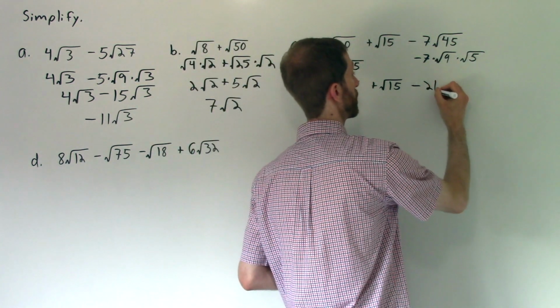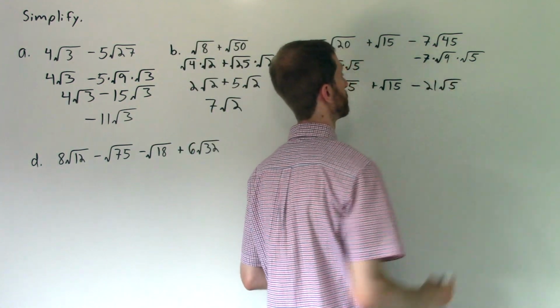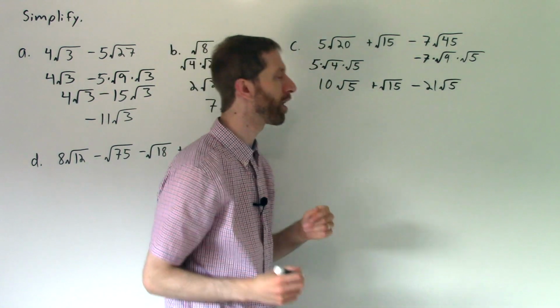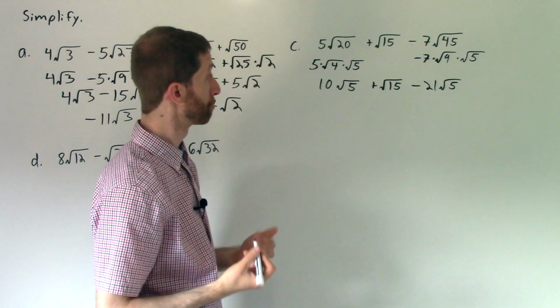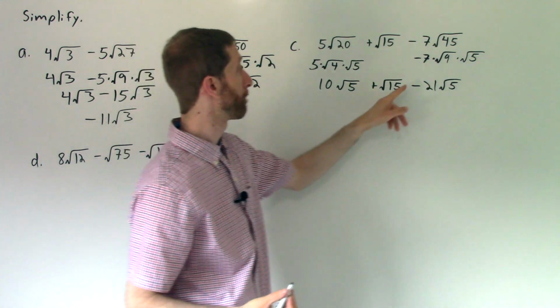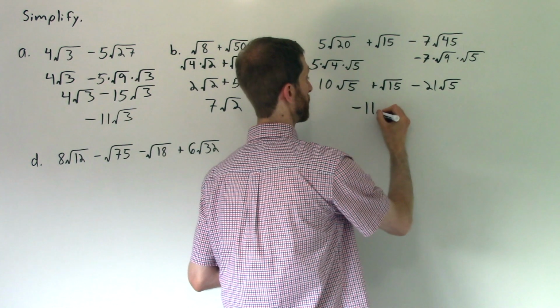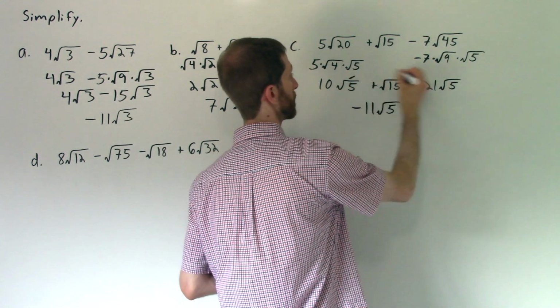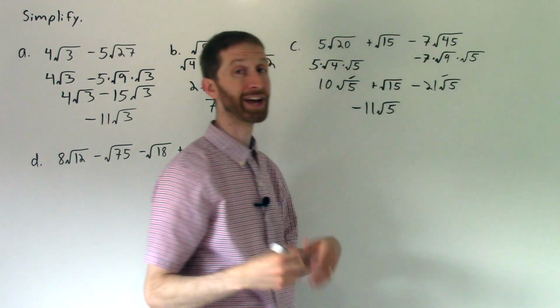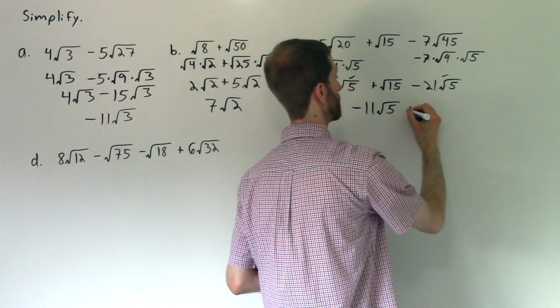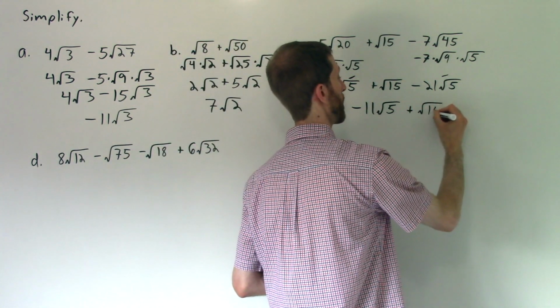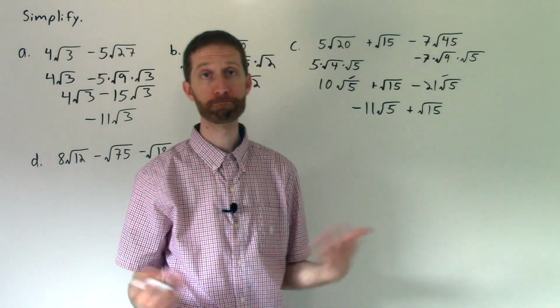So you get negative 21 times the square root of 5. So from here I look at this and I see, are there any like radicals we can combine? Yeah, 10 root 5 minus 21 root 5 is going to be minus 11 times the square root of 5. So those are checked off, but that leaves us with this unlike radical of root 15. So that's just hanging out, no way to combine it because it's in simplest radical form.